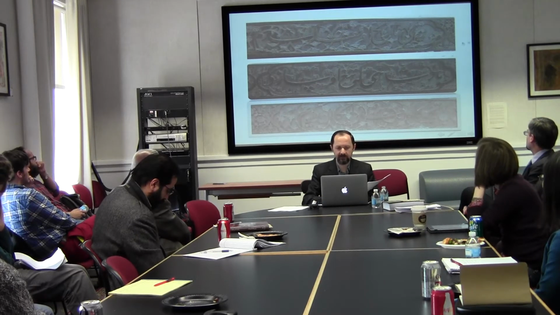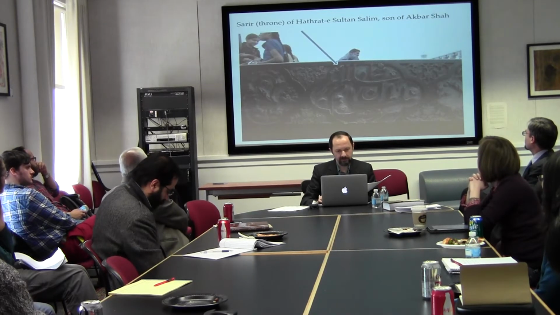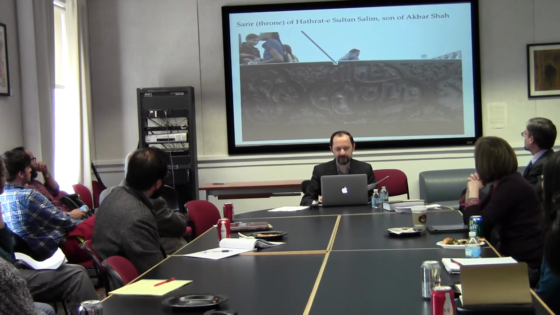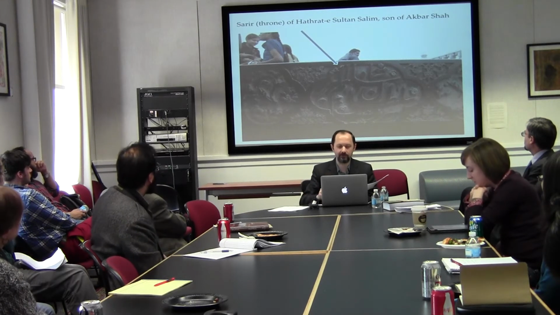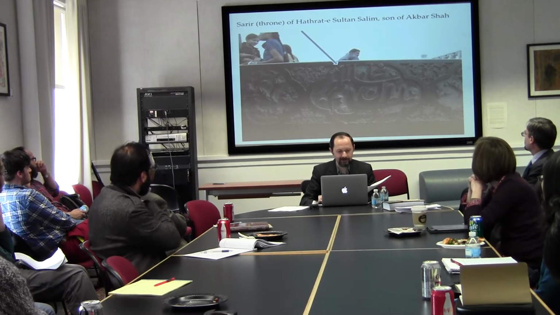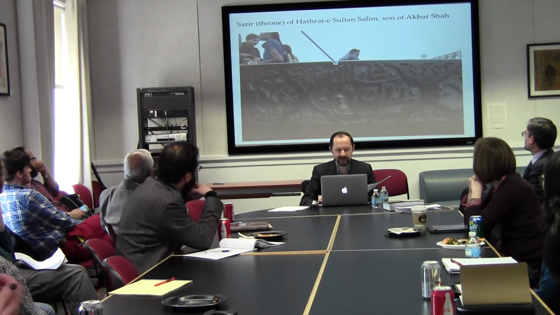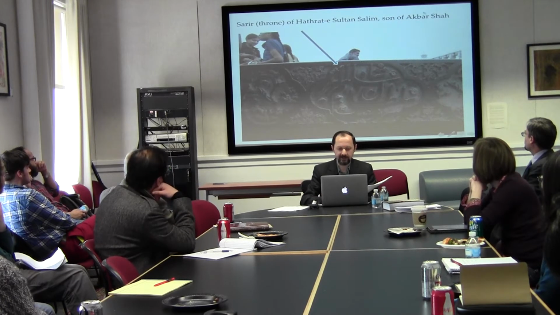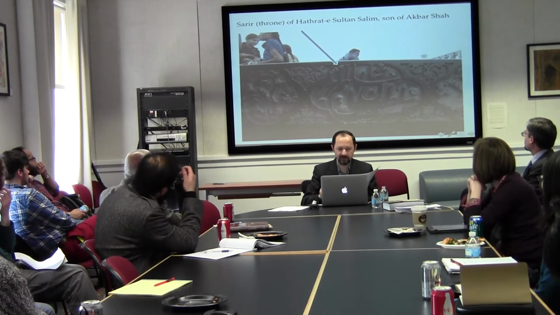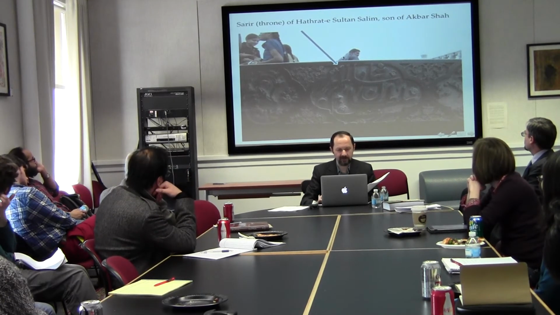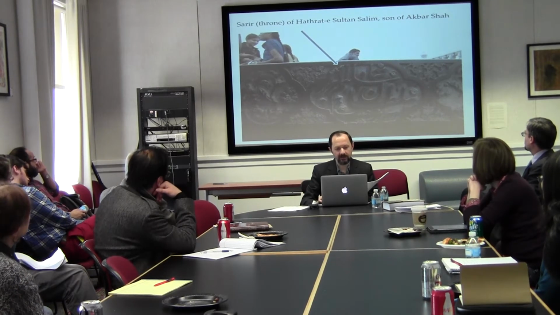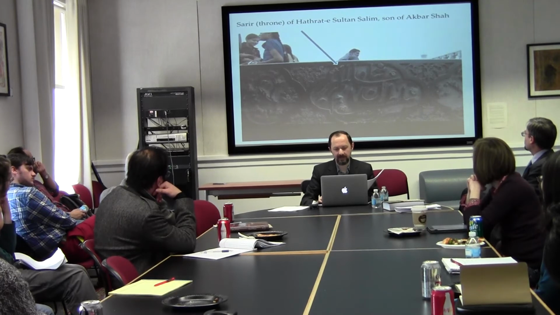And here, it's a chronogram of... and unfortunately at this time all the people can use it and will damage it. The Sarir is between two parts of a line of poetry of Hazrat Sultan Salim, son of Akbar Shah.